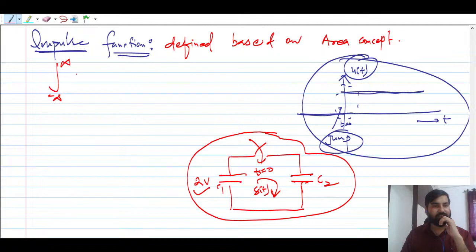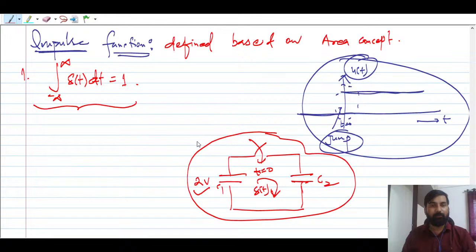So the first definition of the impulse function is that the integration from minus infinity to infinity of delta of t dt is going to be 1. This is the first definition, or the first property, that you have to remember. I will talk about how we can realize this delta of t mathematically. And the second definition is that delta of t is defined like this: at t equal to 0, it will be infinity.